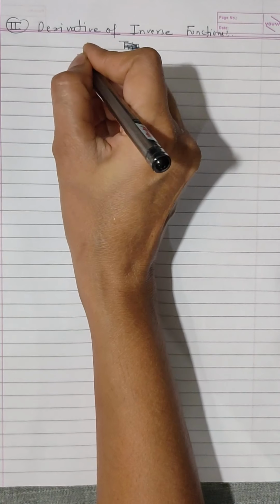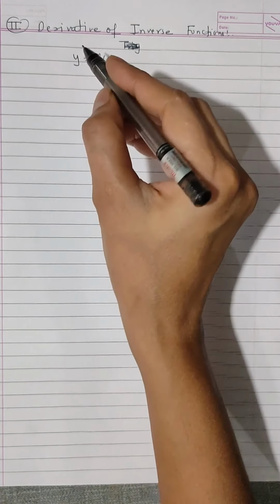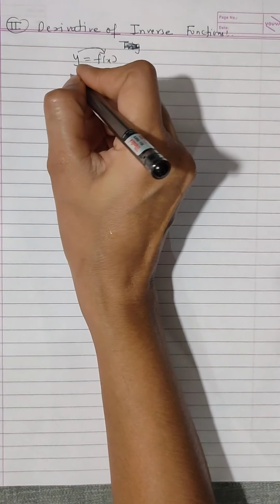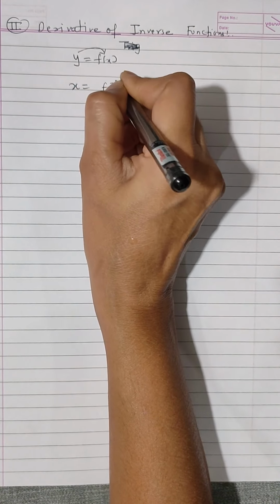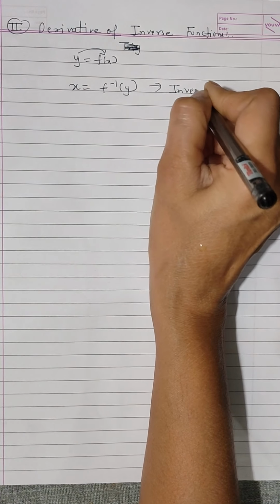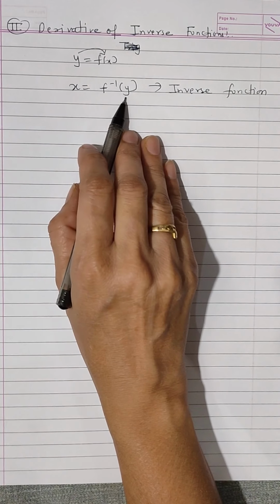Let y equal f of x. This means y is a function of x. So x will be f inverse of y, and this is called the inverse function, meaning x is expressed in terms of y.